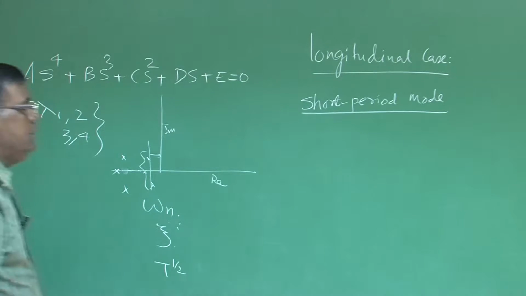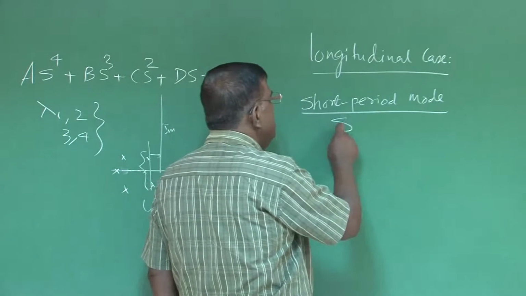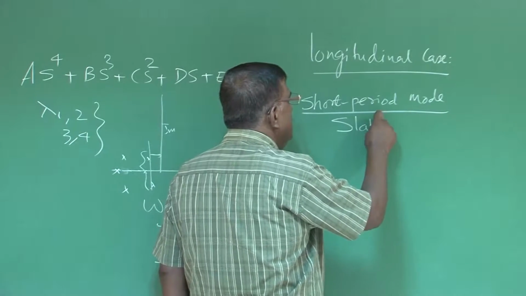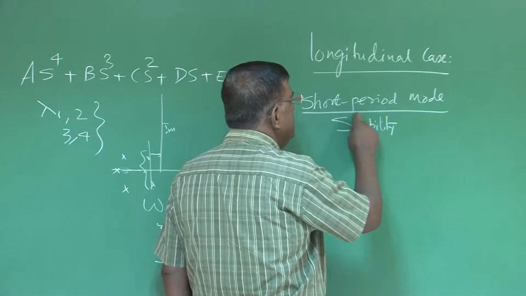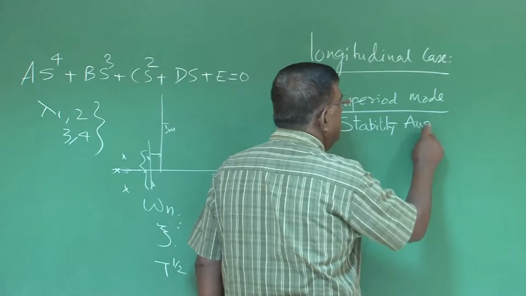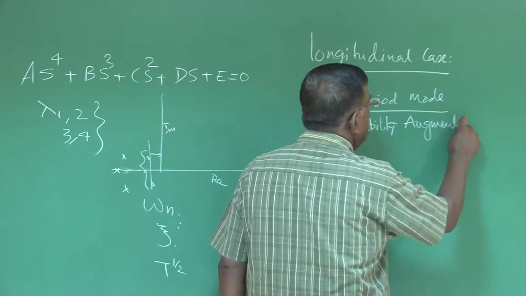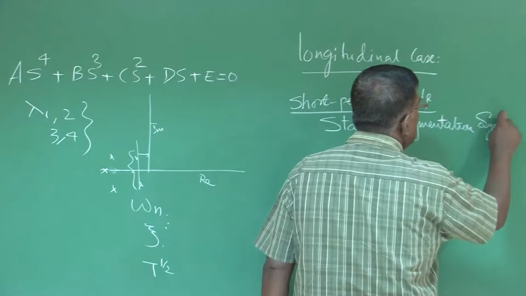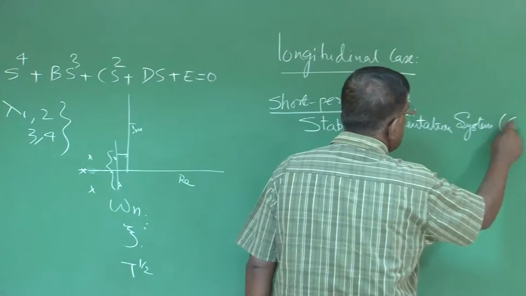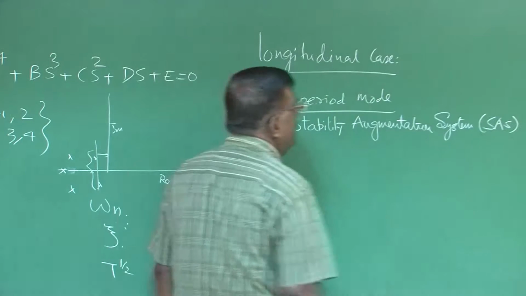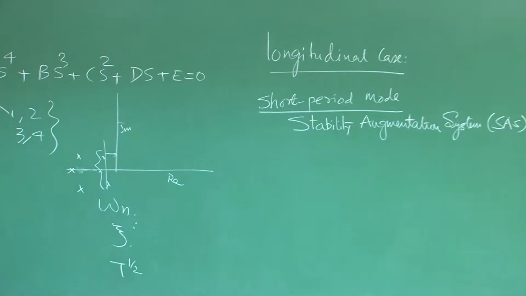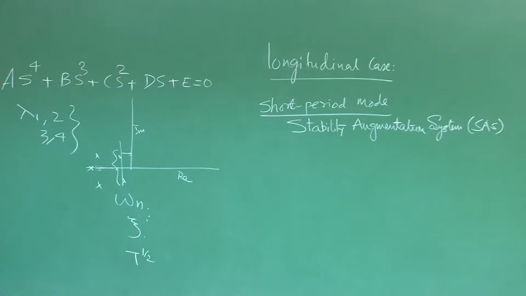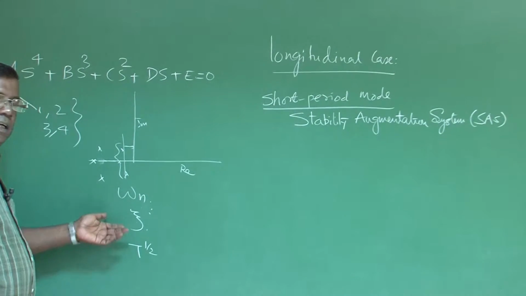Okay? So, we say SAS, stability augmentation system, or in short we say SAS. How do I approach? I said our target is handling omega n and zeta.